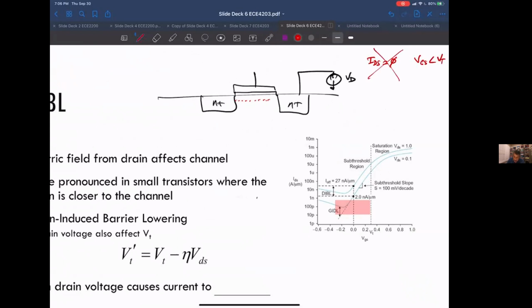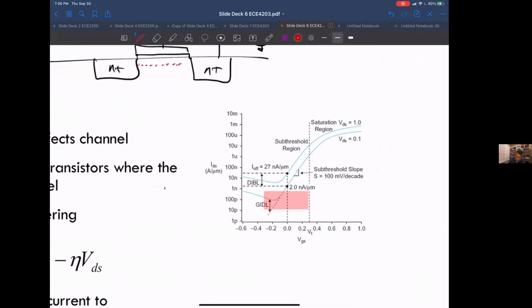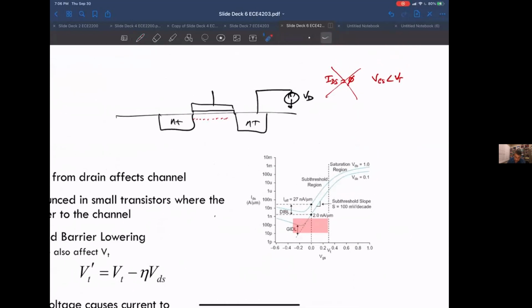If that were the case, on a graph of VGS versus IDS, the current would drop off to 0 at this point.